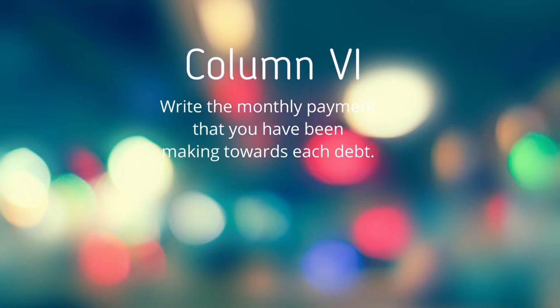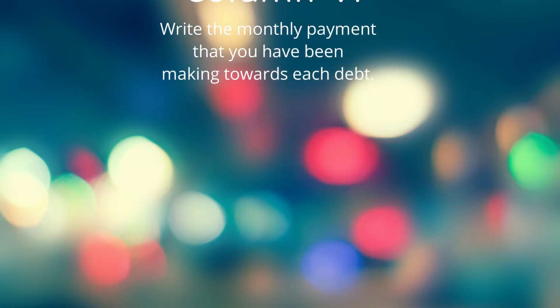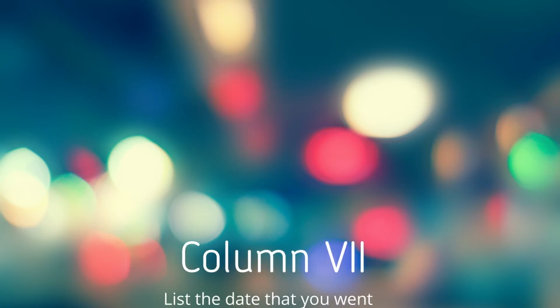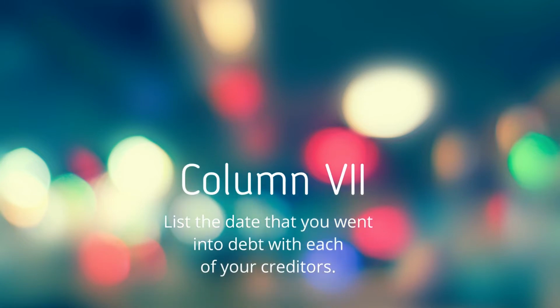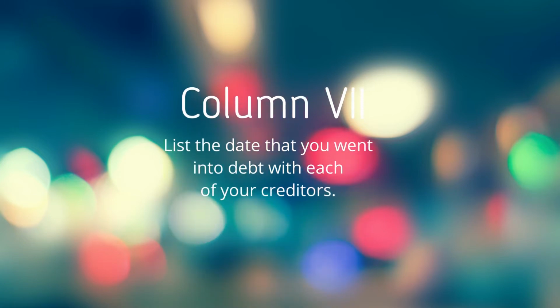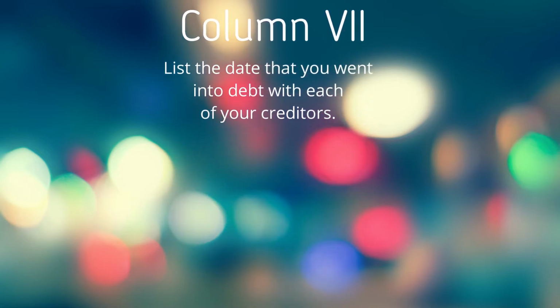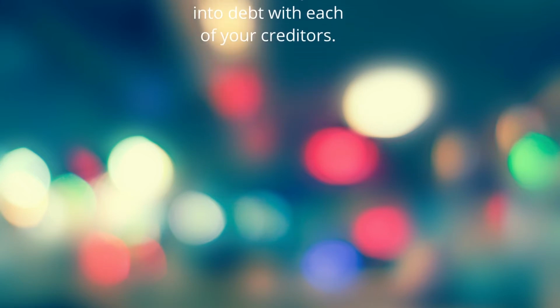If you haven't been making any, just leave this line blank or put in a 0. Finally, the last column is where you list the date that you went into debt with each of your creditors. If you can't remember the exact date, that's okay. Just put in the year it happened instead.